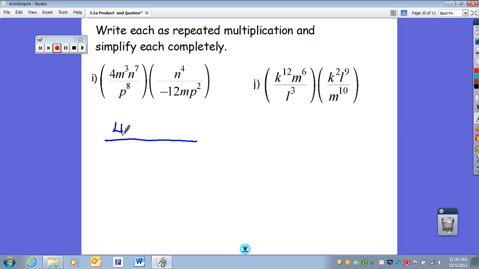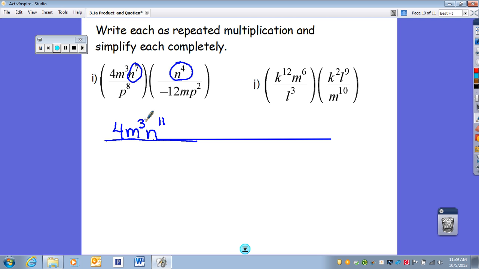So I have 4 m to the 3rd, and then I have 2 sets of n's that I would like to combine together. Remember, we're going to keep the base and we're going to add the exponents. So I have 7 and 4, which gives me 11 n's.